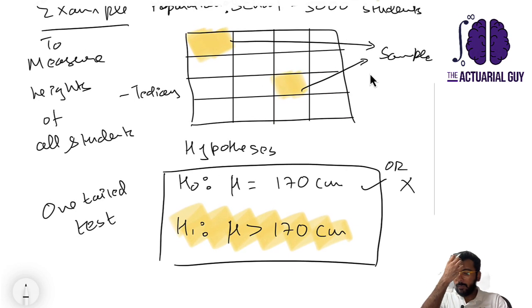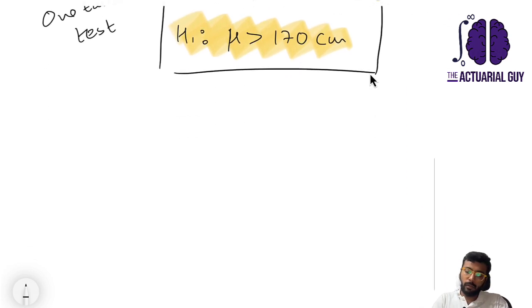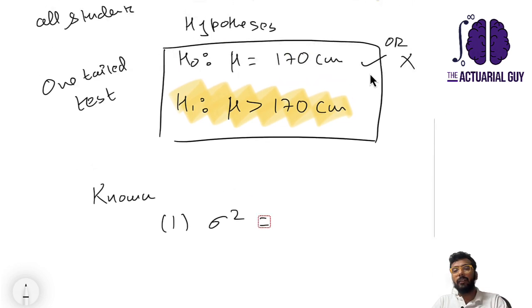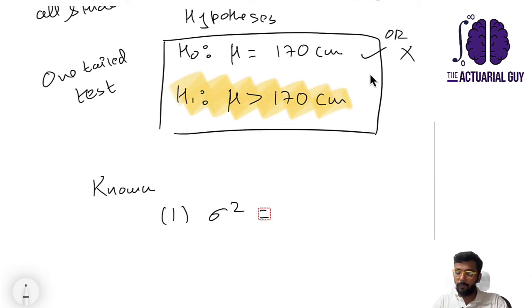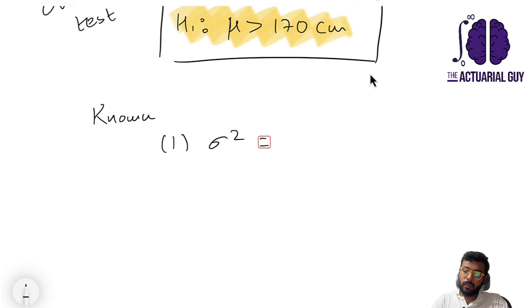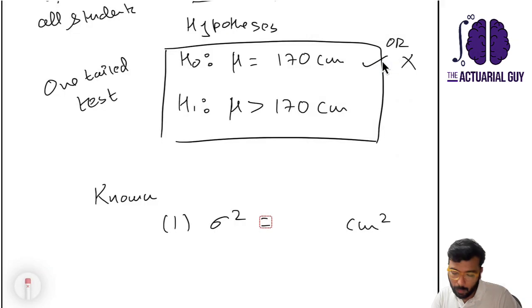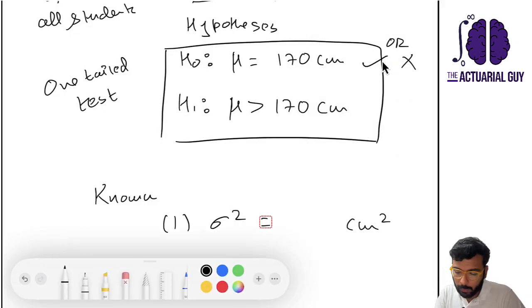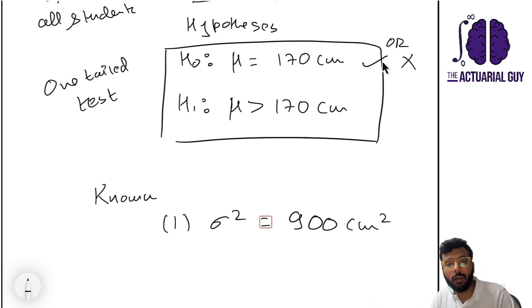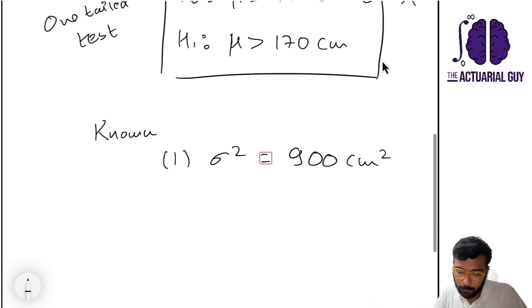Now let's say you know a couple of things. Okay, what is known? The first thing you know is that the standard deviation or the variance of the heights of students in this school is expected to be 900 centimeter square. So your population variance is known.